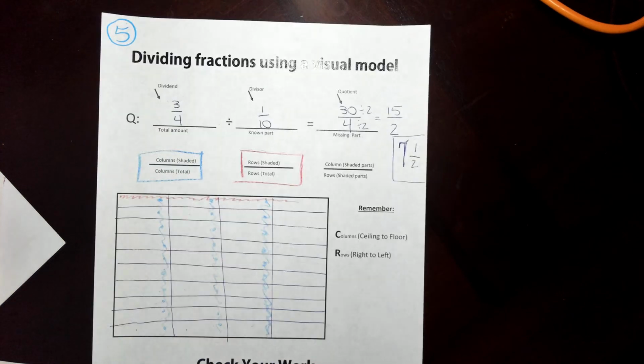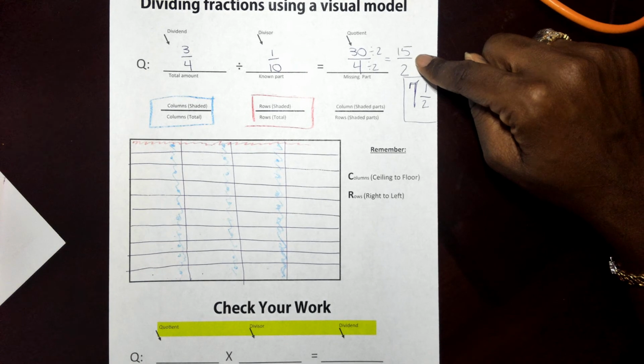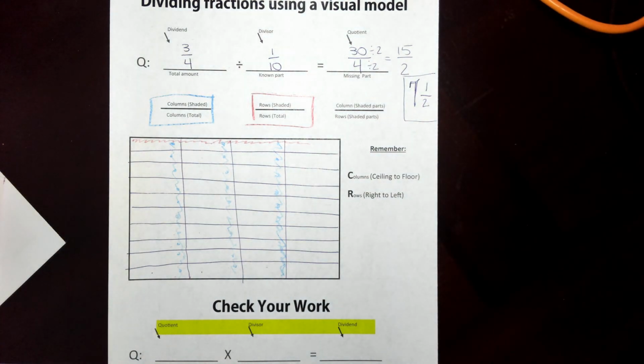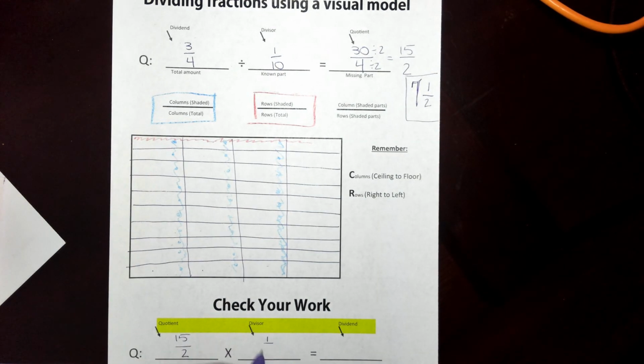All right. And now we're going to go back and check using our improper fraction. We're going to work our way backwards to see if we have the right answer. So we have 15 halves, 15 over 2. Our divisor was 1/10. When we multiply fractions, we just go straight across.